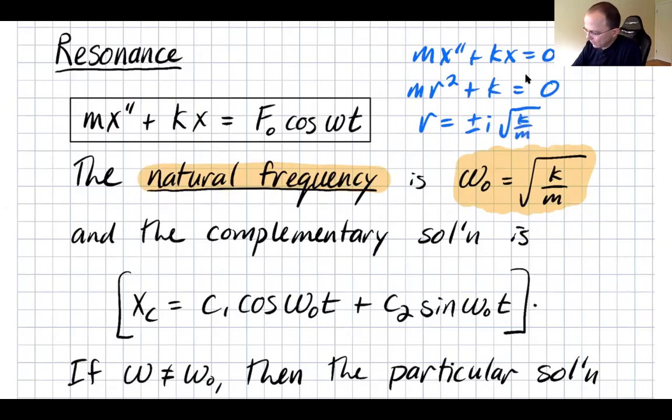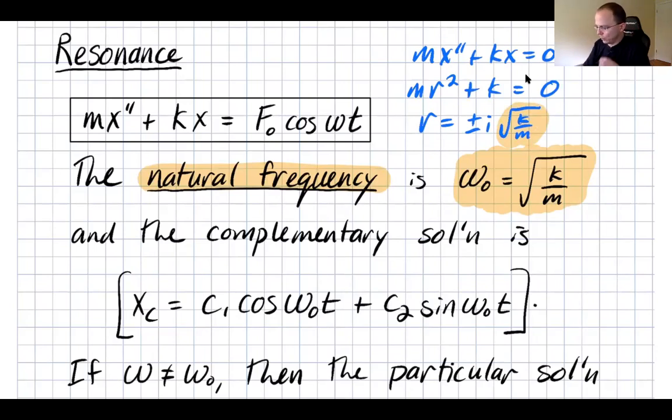So that's where this natural frequency is coming from. It's the frequency of the oscillations due to the mass spring dynamics.